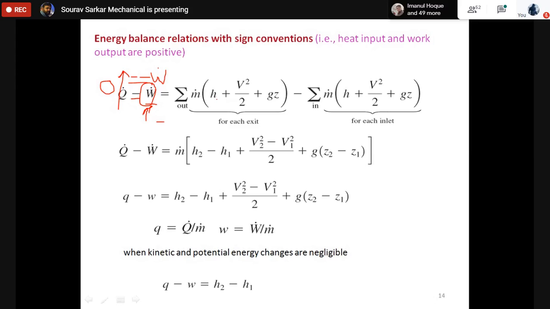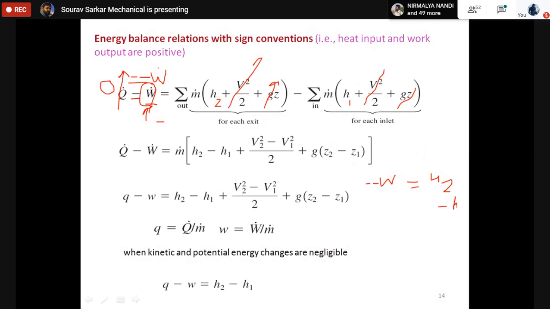Here, this is my H2 and this is my H1. So if I ignore the kinetic energy and the potential energy, finally I will get minus of minus W equal to H2 minus H1.